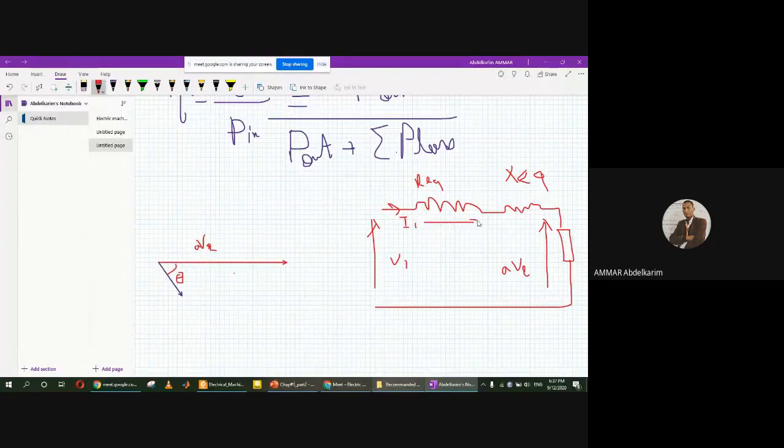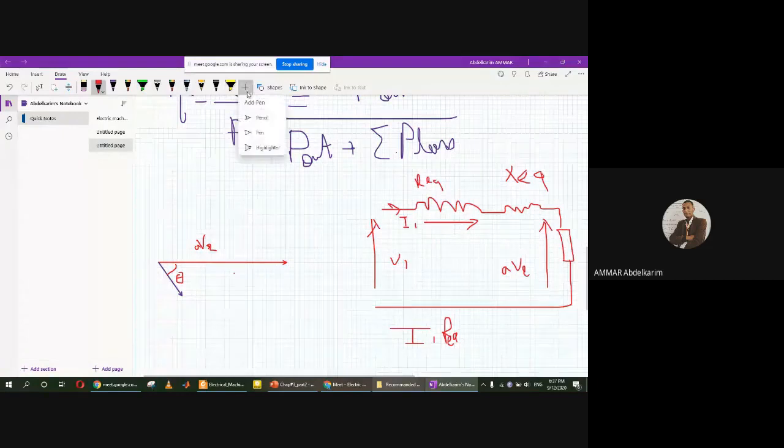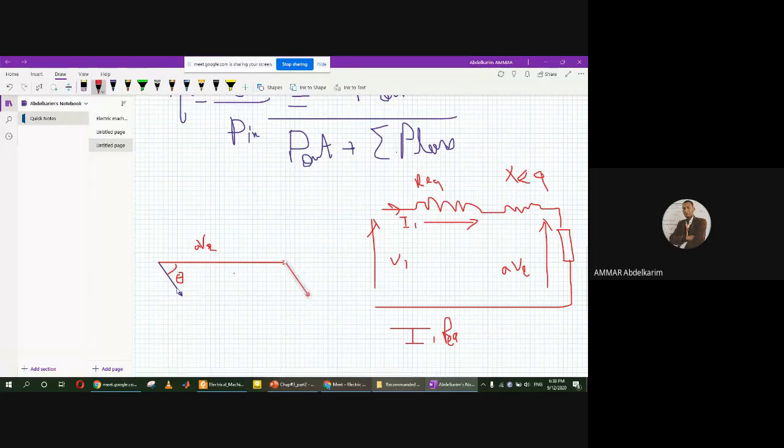Now, the voltage drop across the resistance, which is I1 R equivalent, is in phase with the current, because it's the current multiplied by R, which is the resistance.